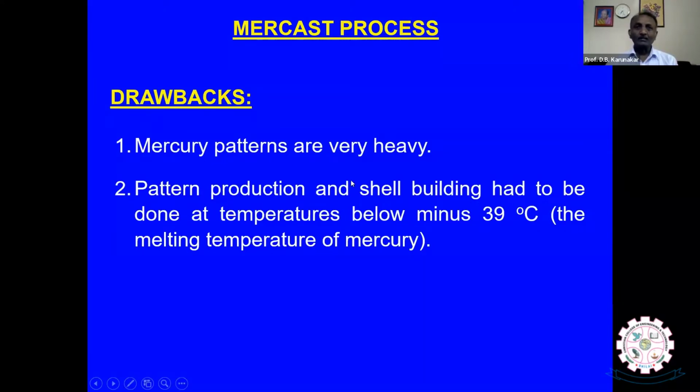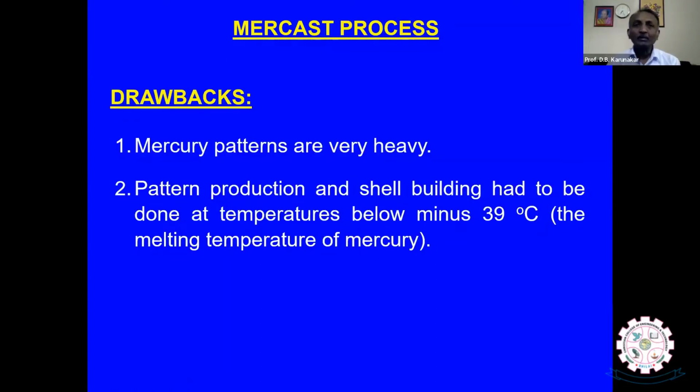The density is very high. What is the density of iron? 7.8 grams per cubic centimeter. Whereas with mercury, the density is 13 grams per cc. Very heavy. Pattern production and shell building have to be done at temperatures below minus 39 degrees. Why? Only at minus 39 degrees will mercury fully freeze.